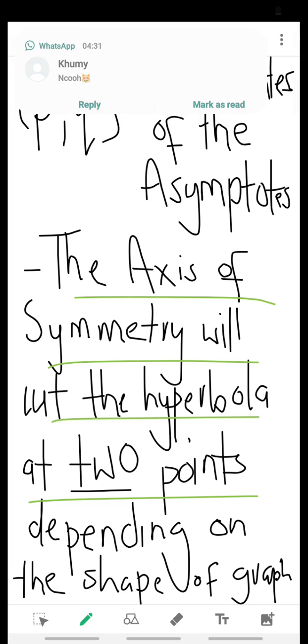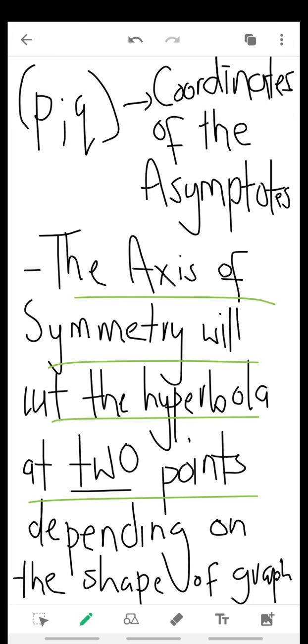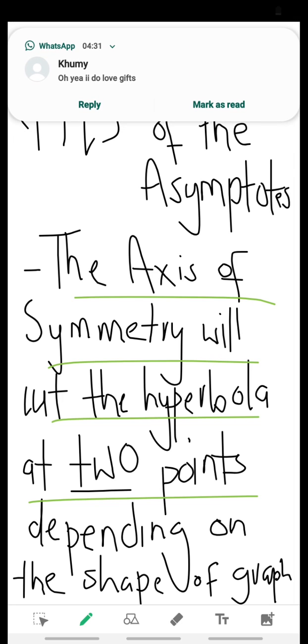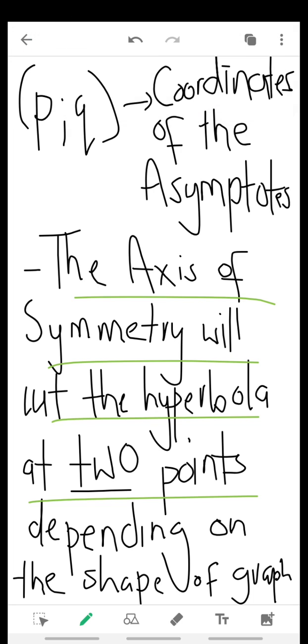So there will be 1 point in the first quadrant that is intersected by the axis of symmetry, and another point in the third quadrant. That's why we say the axis of symmetry will cut the hyperbola at 2 points, depending on the shape of the graph.